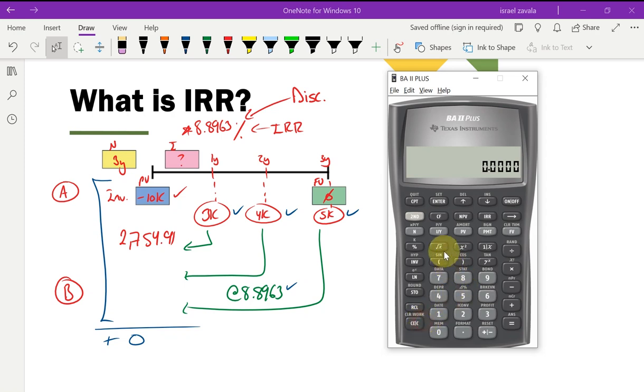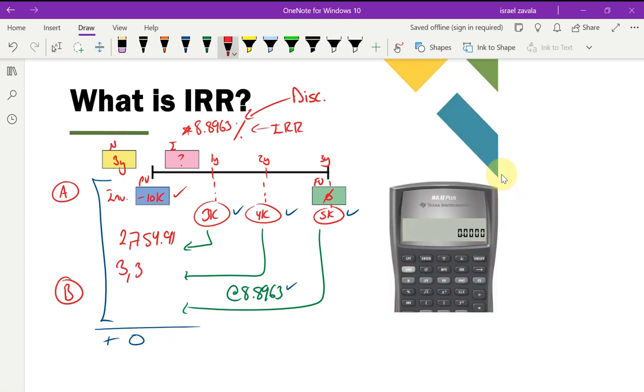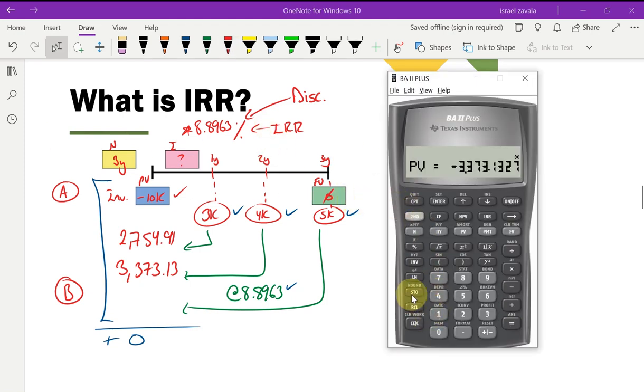Okay. Now I'm going to discount this $4,000 by 2 years. Everything else remains the same, and I'm going to compute that present value. So 3,373.13. Okay, I'm also going to store that under my second year.